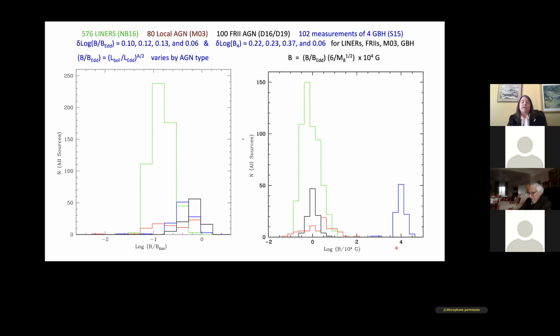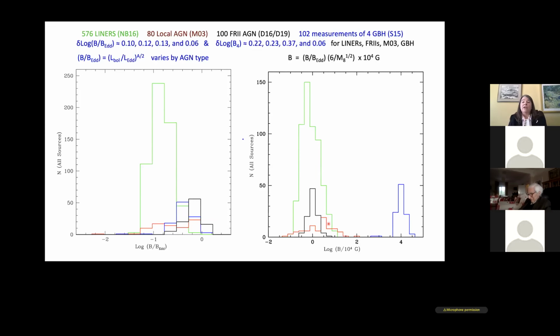And those are the types of field strengths that are obtained independently for the galactic black hole systems, where detailed models are adopted for those systems, and in the context of those models, magnetic field strengths are obtained. And similarly for the AGN, field strengths of around 10 to the 4 Gauss for AGN accretion disks is a typical number.